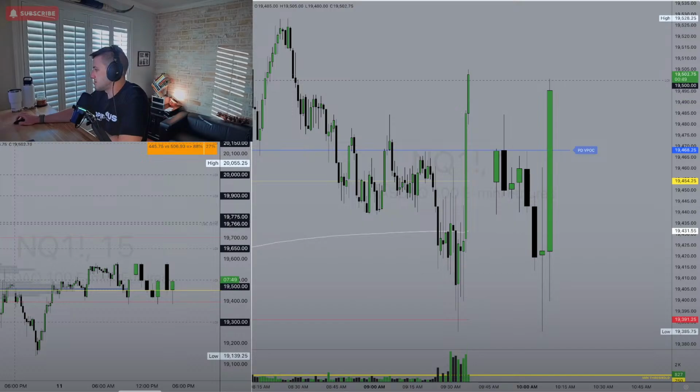ES, nice bounce versus that 5600. Beautiful level right there on ES, if you trade the S&P, that is. All right, so what we want to see now is if buyers can show some acceptance here above 500. It's kind of the main question now.